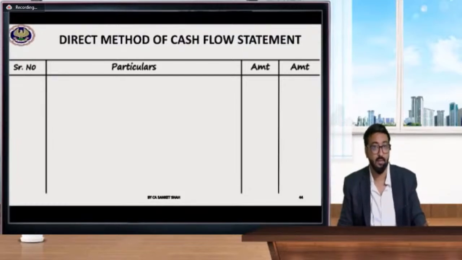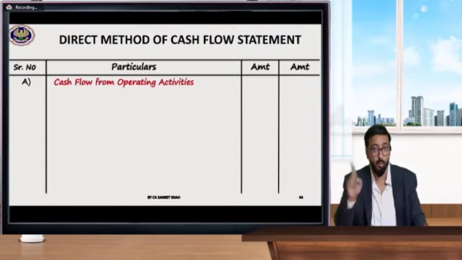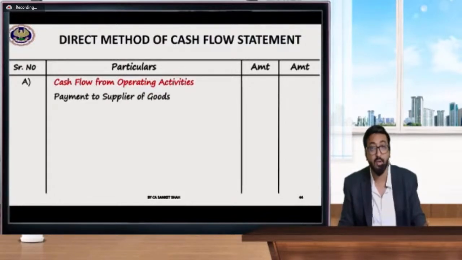Direct method. In direct method you focus on cash flow from operating activities. Directly, the first one is payment to creditors. How much was the payment to creditors? 60. Then receipt from debtors, 50.